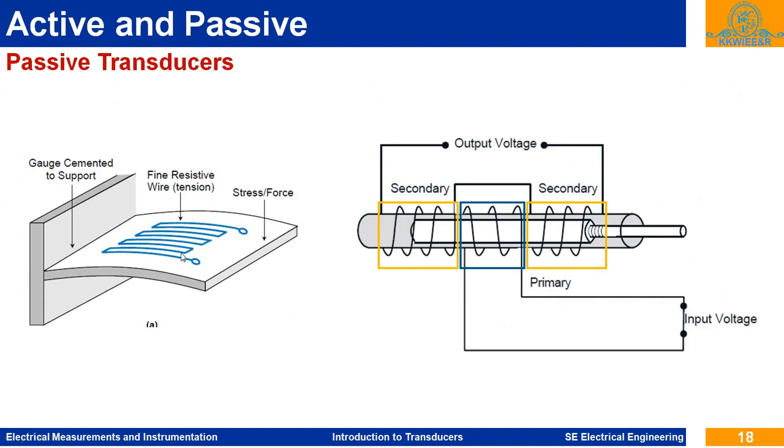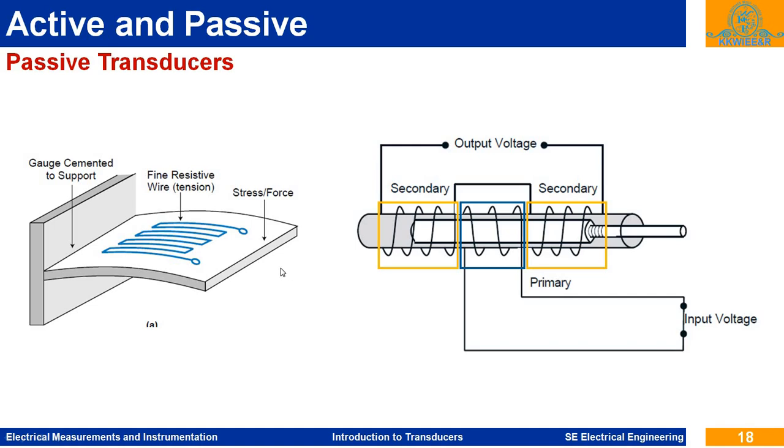So strain gauge. There is a change in the resistance. This resistance is connected in the form of a bridge. So there are 4 arms: R1, R2, R3. These are the standard fixed resistances, and this finite resistive wire will act as a variable resistance, that is R4.